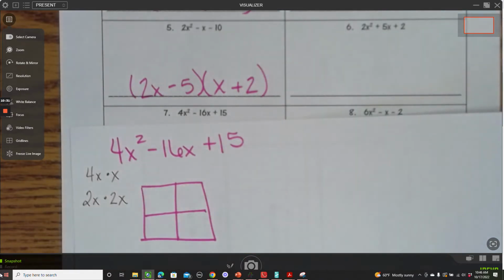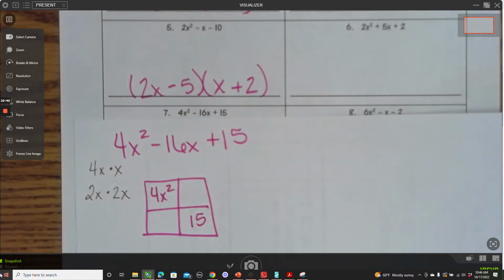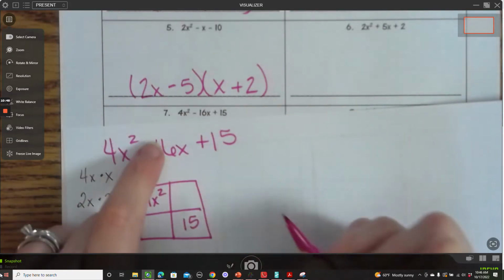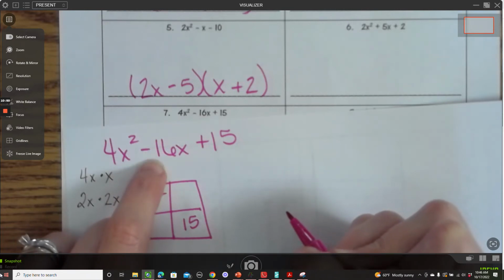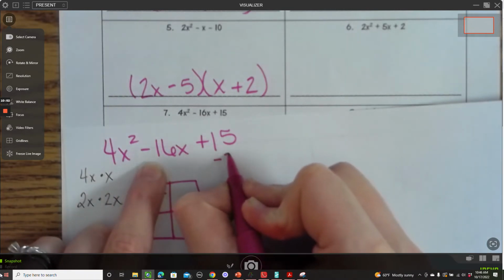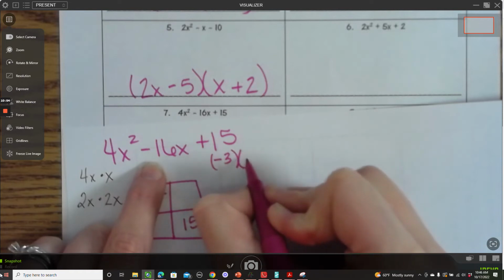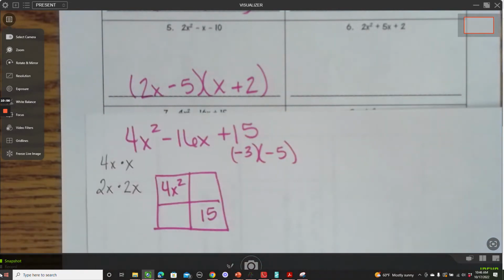It could be either, and we don't know. This is 15. What two things multiply together to get 15? But positives? So negative 3 times negative 5. Let's start off with that.